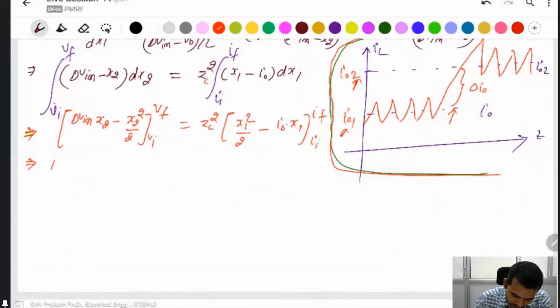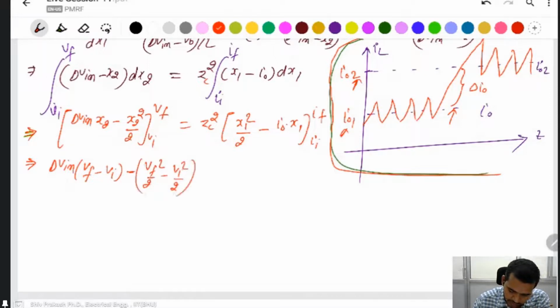If you solve this, you find dv in, final minus initial, minus v final square divided by 2 minus initial square divided by 2. That is, x final value square by 2 minus x initial value square divided by 2 minus I naught, x1 is I final minus I initial.